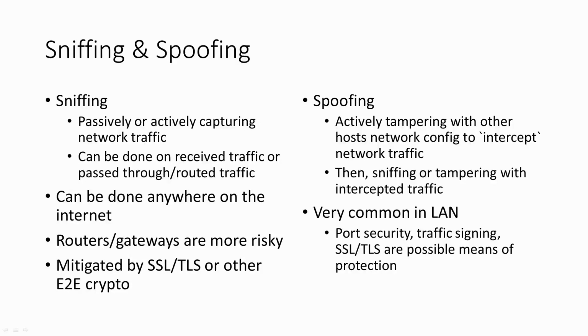Okay, so let's say you want everyone on your local network to believe that you are their default gateway. And you want your default gateway, which you share between you and all your neighbors on this segment, to believe that you actually represent all your other neighbors on the network.